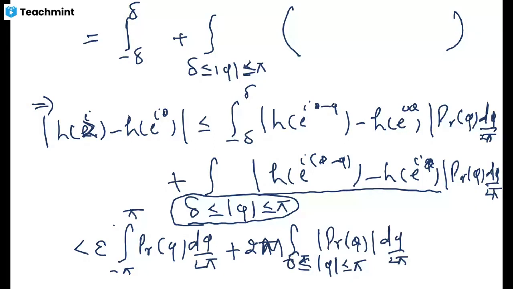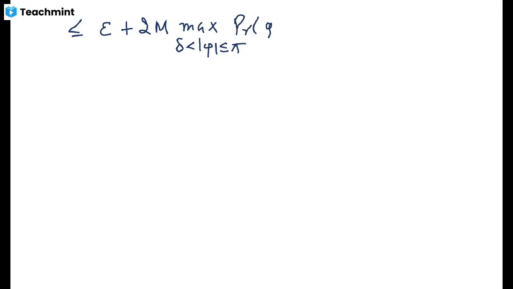And you see now the first integral is going to be 1, and in the second we are not going to use this one, we are going to use something different. So this is going to be less than or equal to epsilon plus, I'm going to take this to be 2M times the maximum over delta less than |φ| less than or equal to pi of P_r(φ).